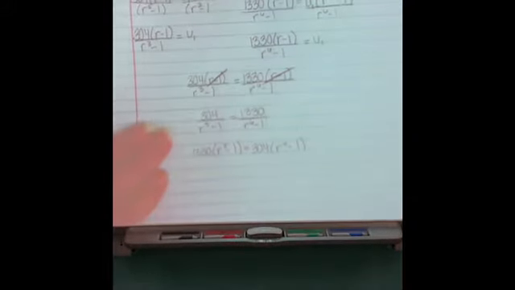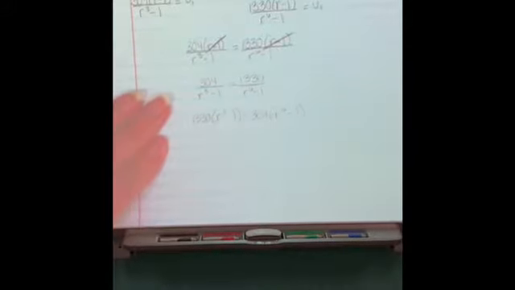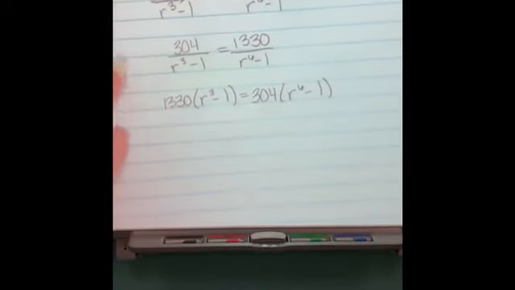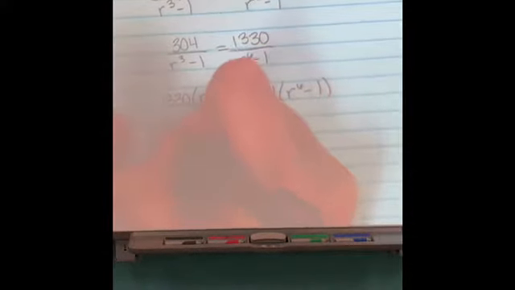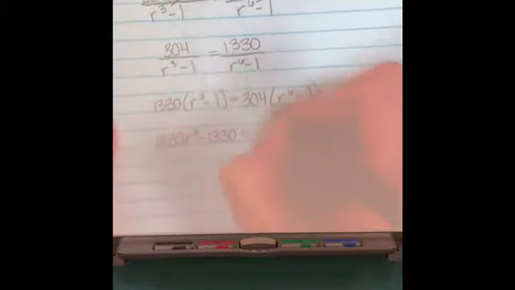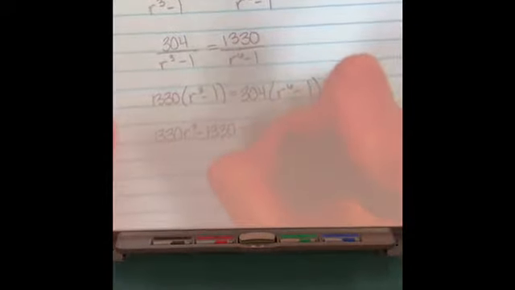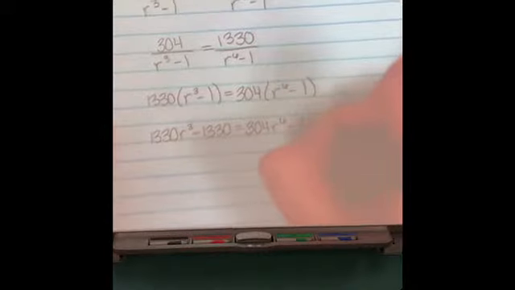And then once you do that, you're going to go ahead and distribute. So we're going to do 1,330 times r cubed and times 1. And then over here we get 304 r to the 6th minus 304.